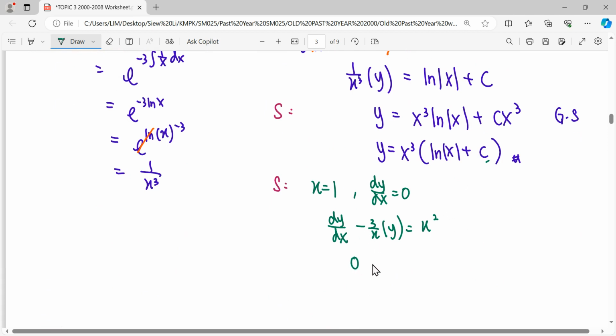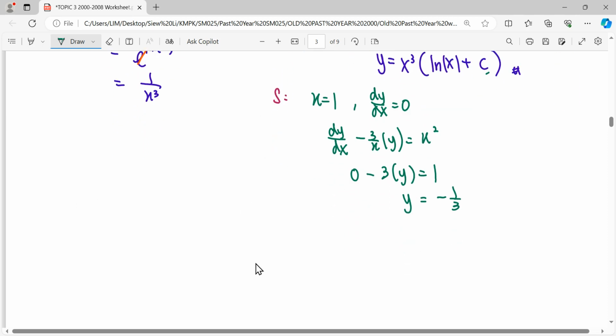So this is 0 minus 3 times y equals 1. So y will be negative 1 over 3. Therefore, to find the particular solution, we substitute x equals 1, y equals negative 1 over 3.